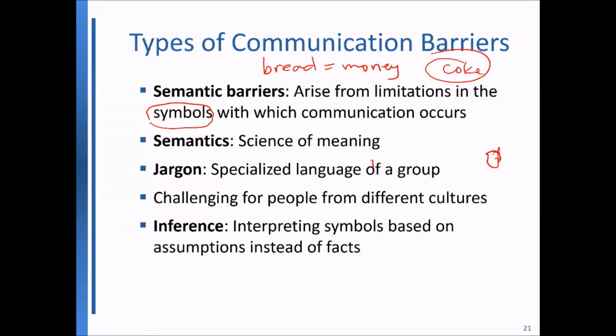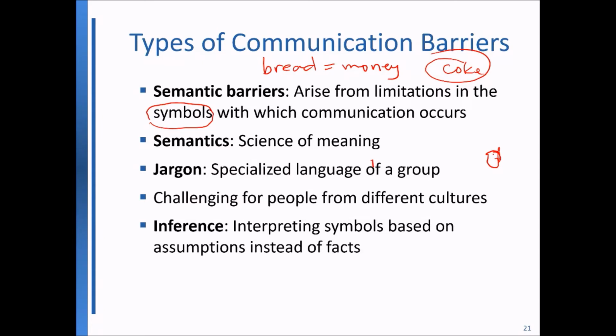Okay, another thing under semantic barrier is, okay, I think we need to have a break before we continue, or I'll just finish this inference. So what is an inference? Infer. So that is interpreting symbols based on assumptions, or we use assumption instead of facts.